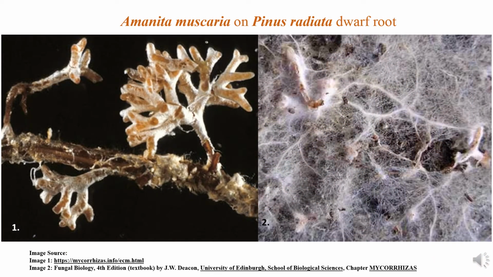In this slide, you can clearly see the dichotomously branched dwarf roots of Pinus covered with whitish colored sheath-like structure, which is the mycelial network of fungi Amanita muscaria. It is a Basidiomycete.